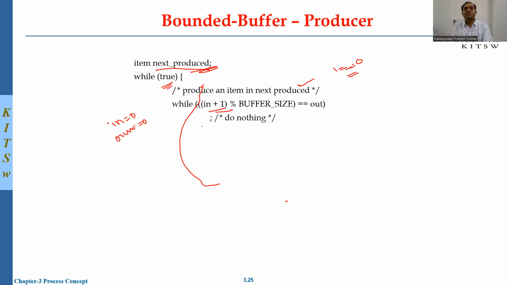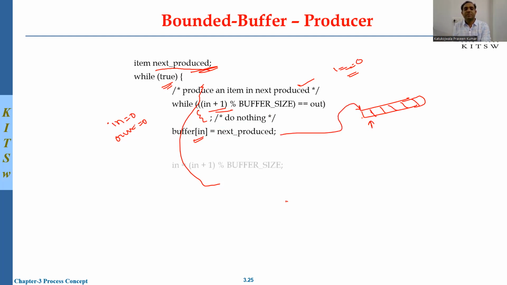So do nothing. If this is true, do nothing. Else, what is it going to do? buffer of in, that is buffer of 0, is equal to next to produce. Buffer of 0 means, in this location, whatever is produced will be stored here, right?